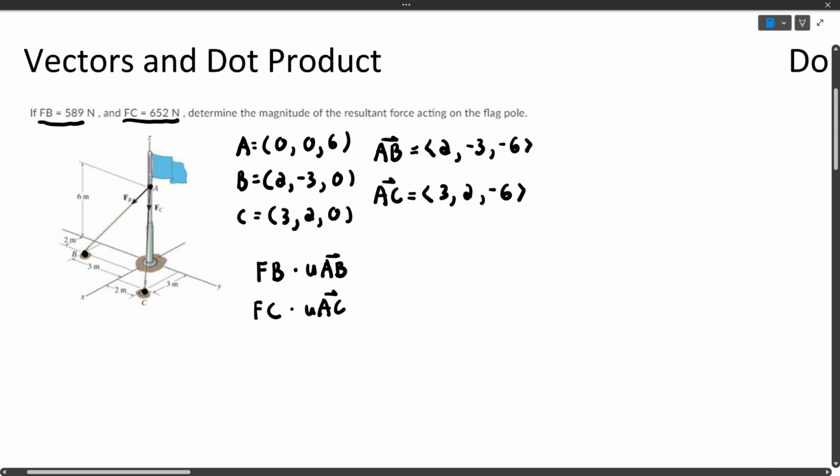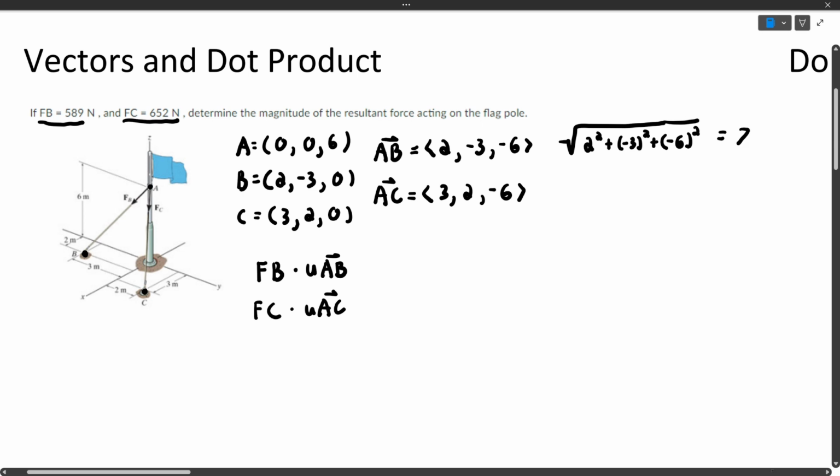So we have these two. So we're going to create the unit vector. To do that, we have to calculate the magnitude of AB, which is going to be the square root of all the components squared, and if you do all that, you end up coming out to 7.